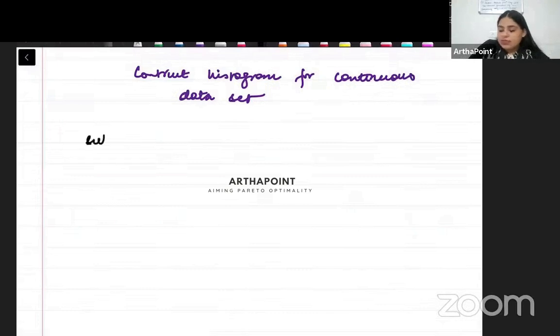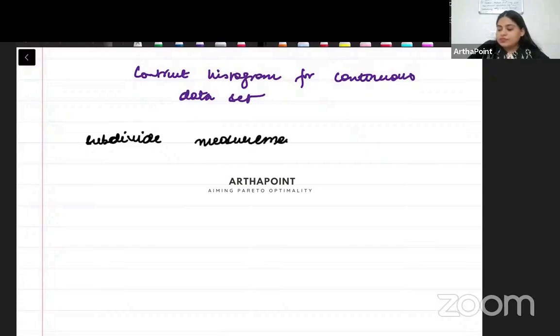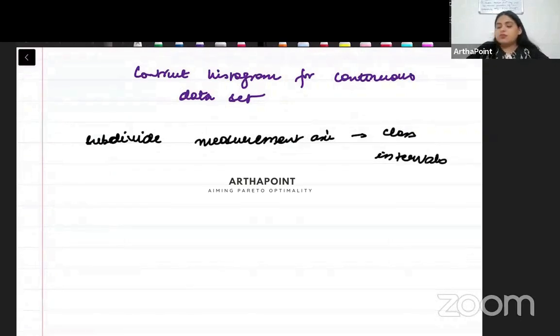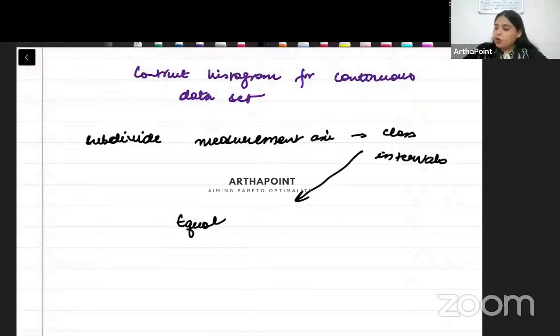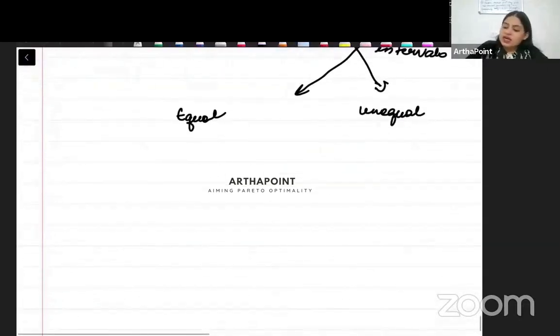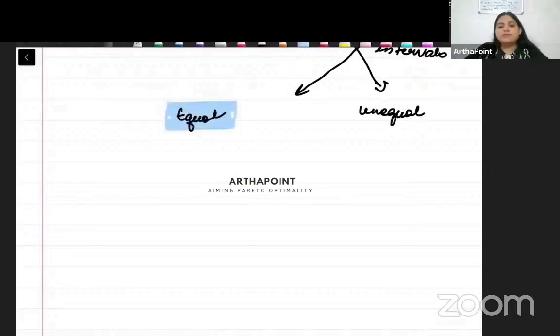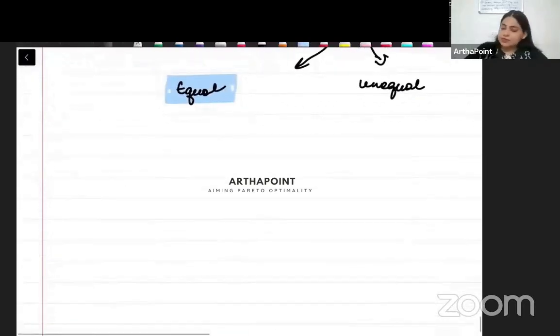You will subdivide your measurement axis into suitable number of class intervals. ठीक है? These class intervals can be equal or they can be unequal. So to begin with, let us start with equal class intervals. ठीक है? Let me take an example.